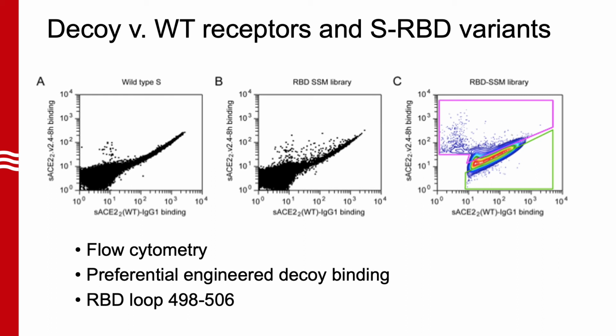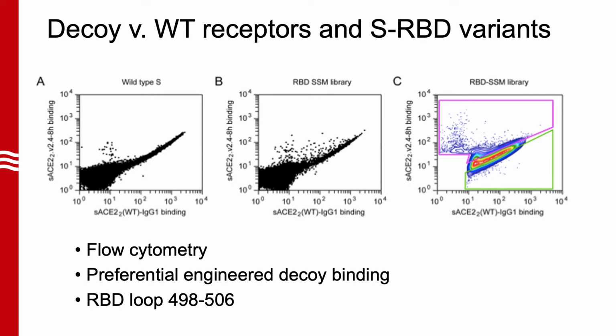It is in this graph that it's more apparent that a subgroup of mutants is appearing that seem to preferentially bind the decoy receptor as opposed to the wild type receptor, which is shown by these dots rising above the apparent trend line in the middle of the graph.